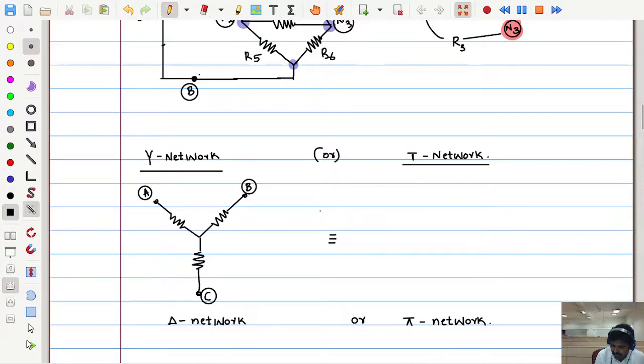So I can equivalently draw this to make the pattern a T shape. So I would like to make the same network into this shape also. Now does it look like a T? Same nodes, A, B and C.